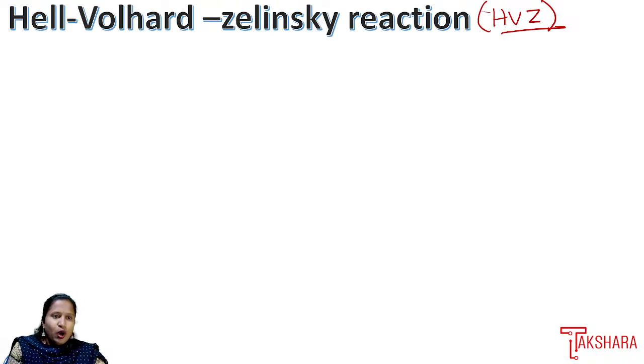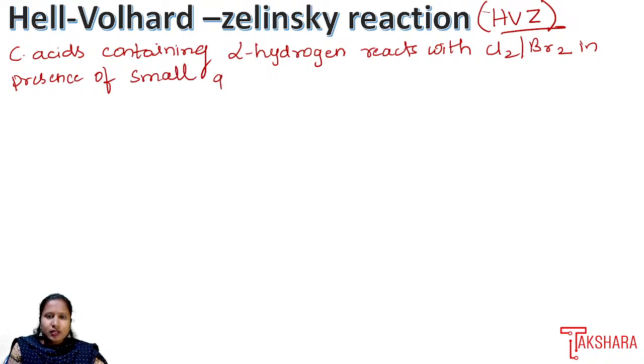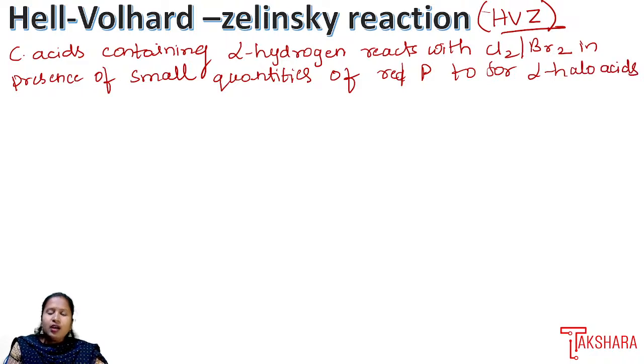See here, carboxylic acids containing alpha hydrogen react with chlorine or bromine in the presence of small quantities of red phosphorus to form alpha halo acids.